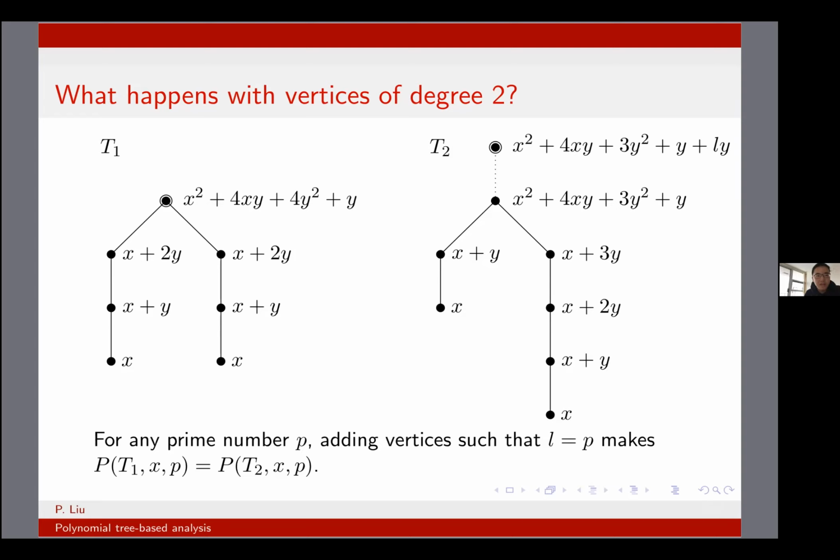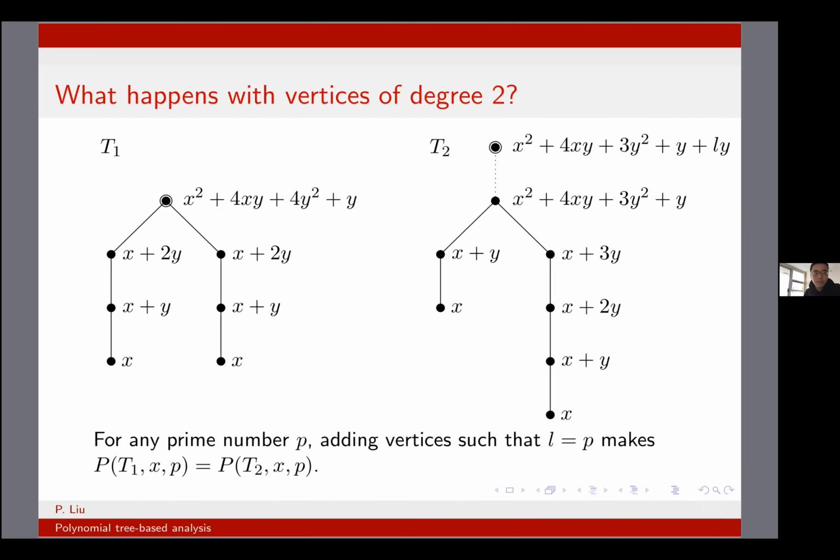But in these two cases, if we know that L equals any prime number p, we can just add L edges on top of the root, so that they have the same polynomial after substituting p. So in some sense, if we substitute p in here, it's not going to distinguish these two trees with degree 2. But if we don't have any nodes of degree 2, then we're good.